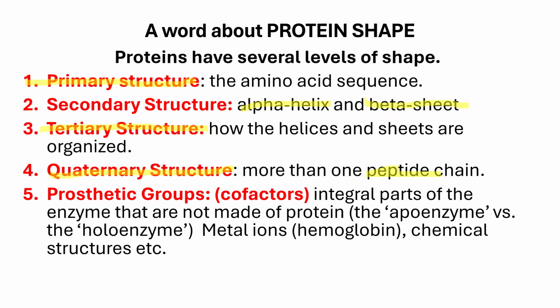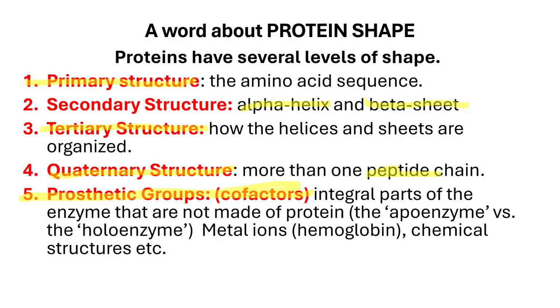And finally, there's something we have to worry about called cofactors or prosthetic groups. You might remember I mentioned in class that if a man loses his leg because of an accident or something like that, and they put on an artificial leg, they call that a prosthetic limb.